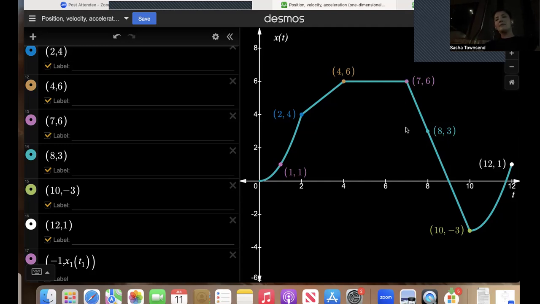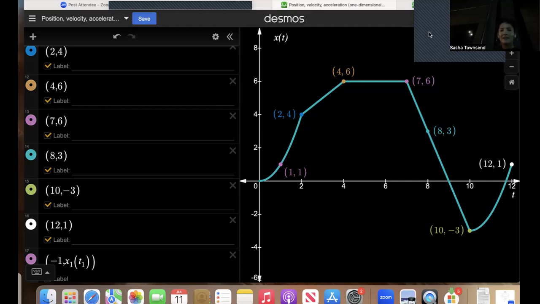So it's going in the opposite direction, but every second it's covering another 3 meters. And then at time t equals 10, the velocity is 0 again, and it starts to speed up. The velocity increases from 0 at t equals 10 to a larger velocity when t equals 12.